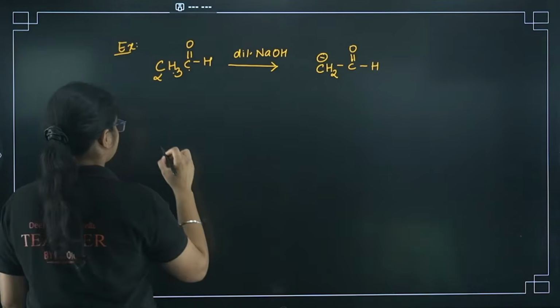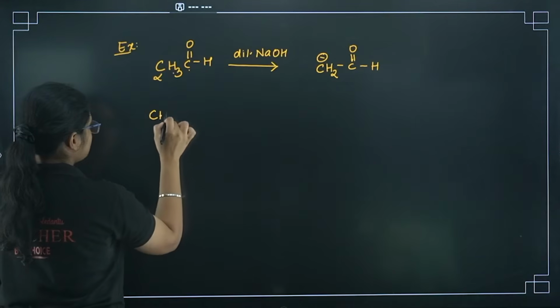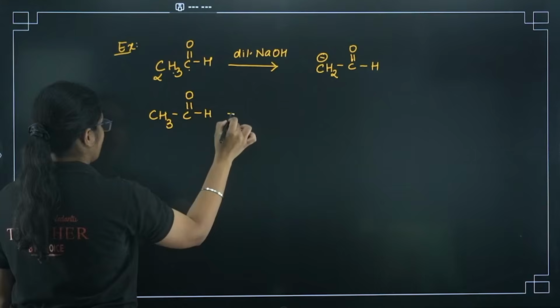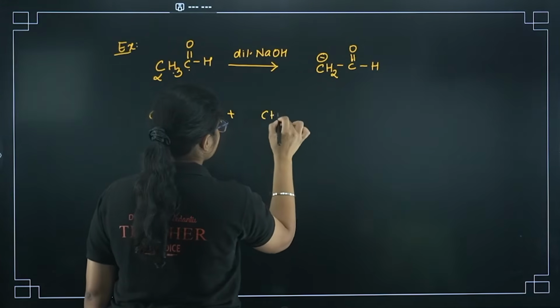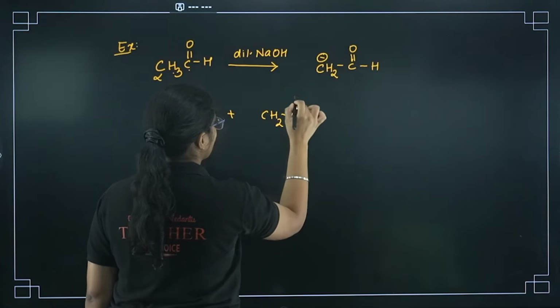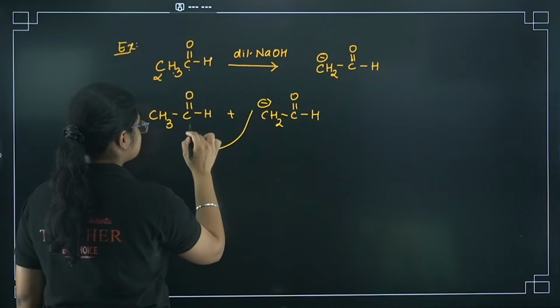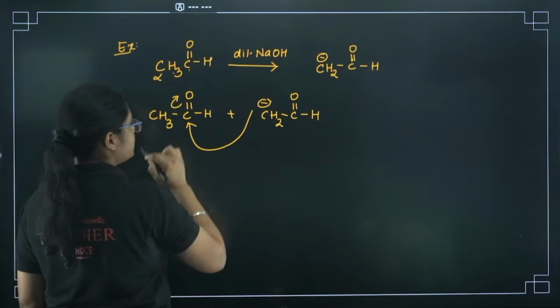Now after that, there is another molecule of CH3CHO, and it reacts with CH2CHO minus. Now this minus will attack on this one and this bond will come here.